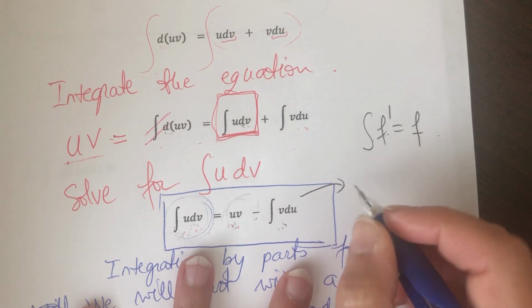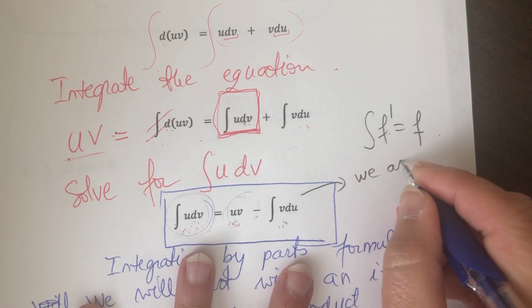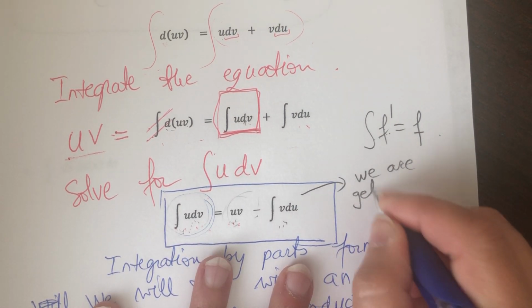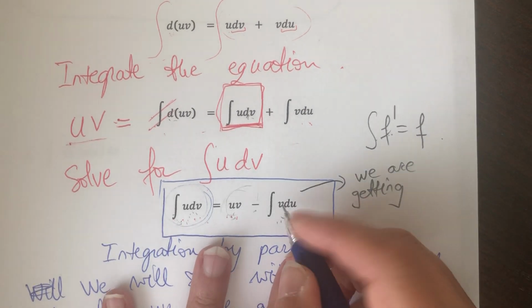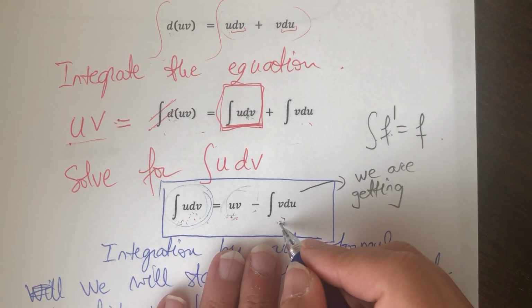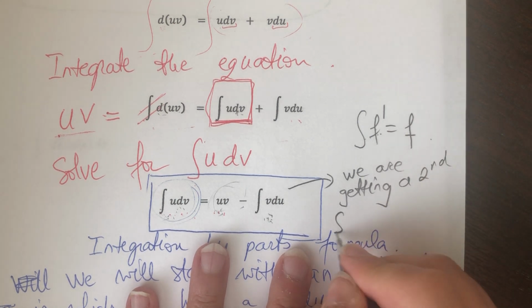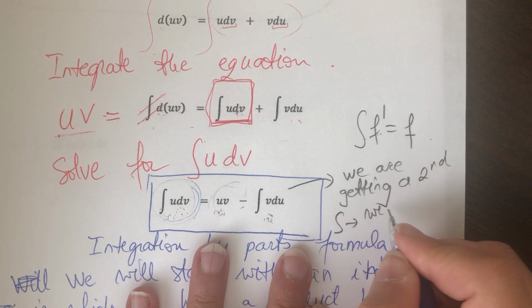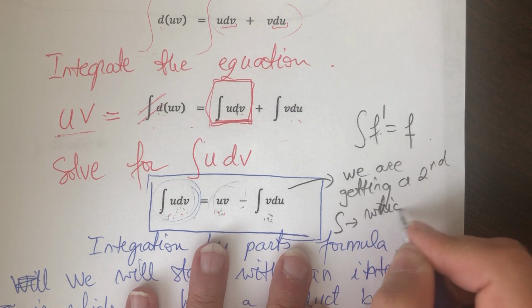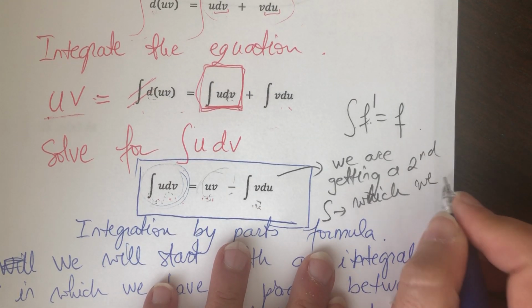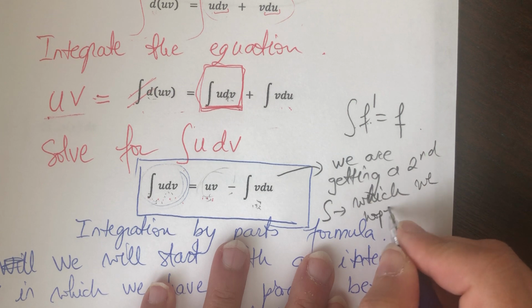So we are getting a second integral to evaluate. We're not done, right? We still have an integral. So we're getting a second integral, which hopefully we already know how to solve.